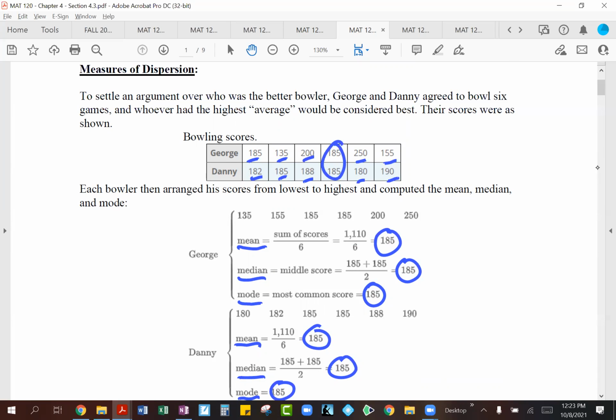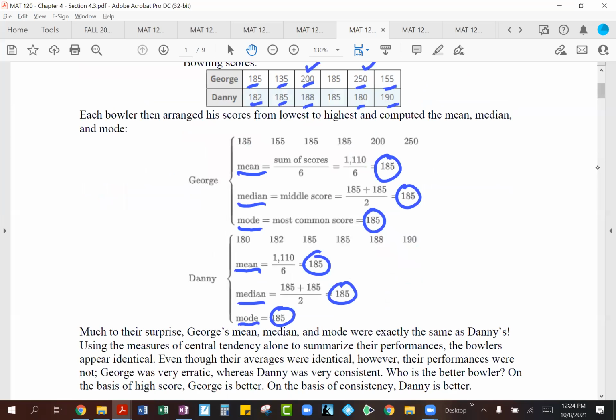This is where they had the same score. So you can see they did score a little bit differently. Obviously they are decent players because they're pretty consistent in their scores. But then you can see we had the 200, 250 coming from George, and Danny kind of stayed in that 180 to 190 range. But when we did the calculations for mean, median, mode, they had the same value.